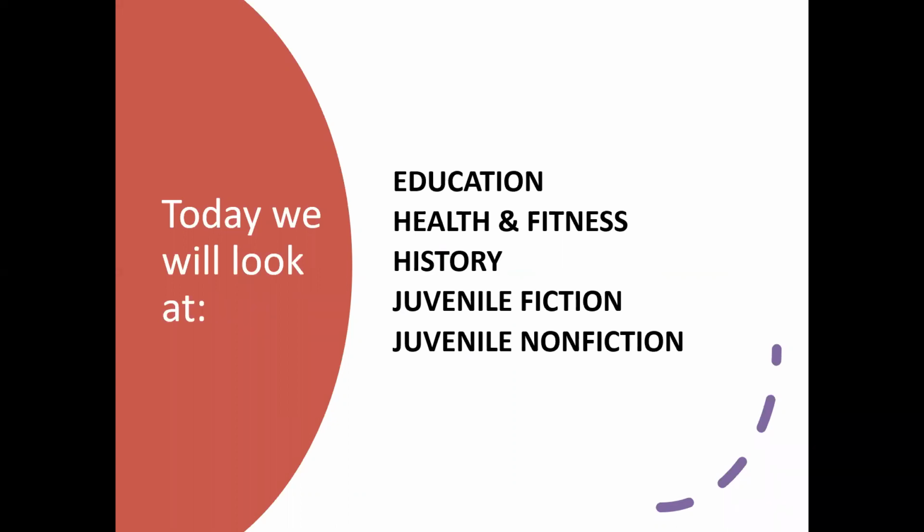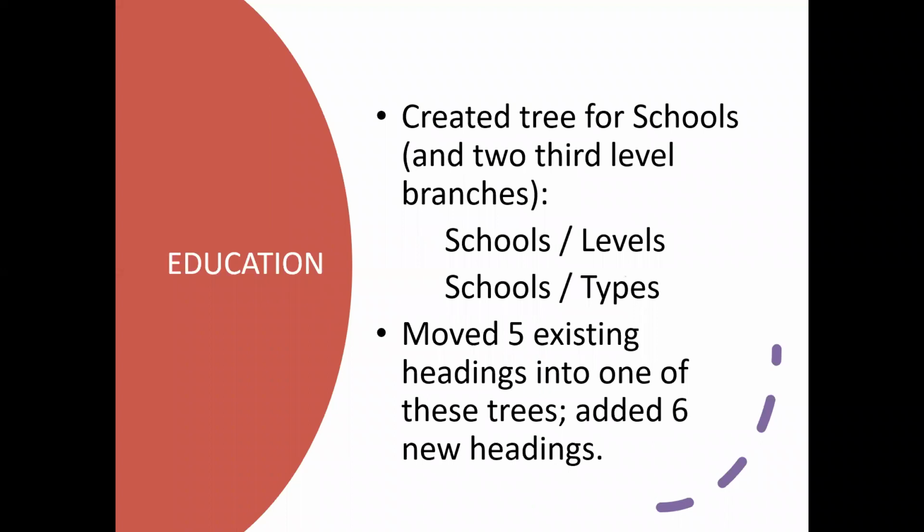To start with education, we created a tree for schools, and then we created 2 third-level branches under the tree. So we have education schools levels and education schools types. We took 5 existing headings and moved them into one of these trees, and we added 6 new headings.